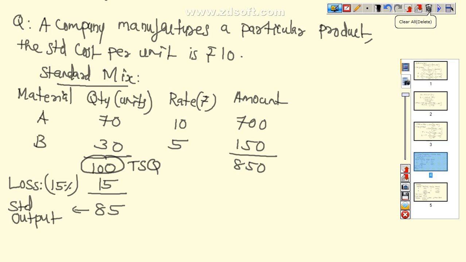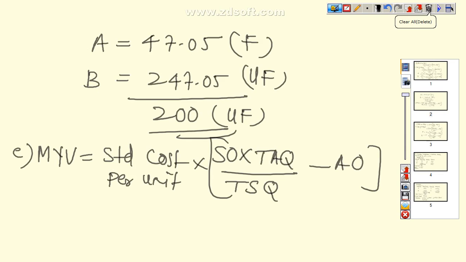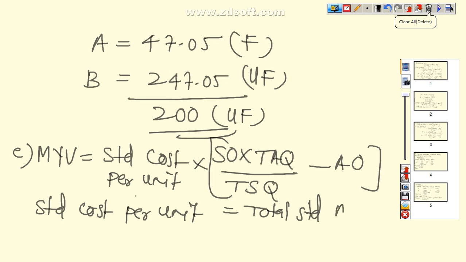If it is not given, then in that case we calculate this: standard cost per unit is equal to total standard amount upon standard output.